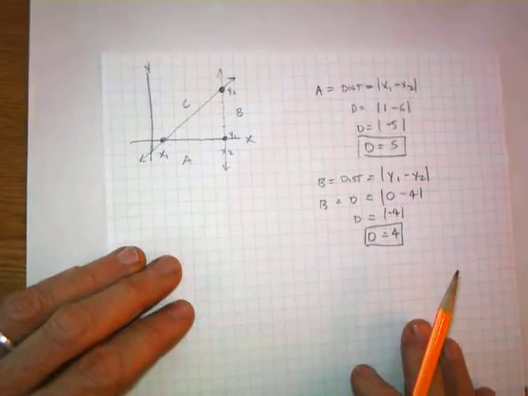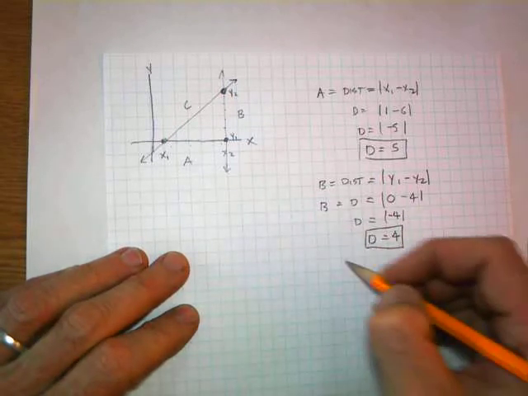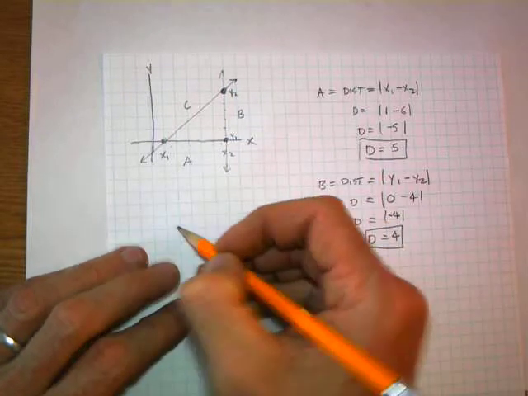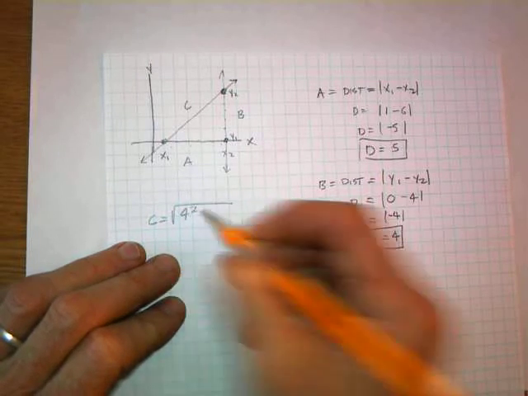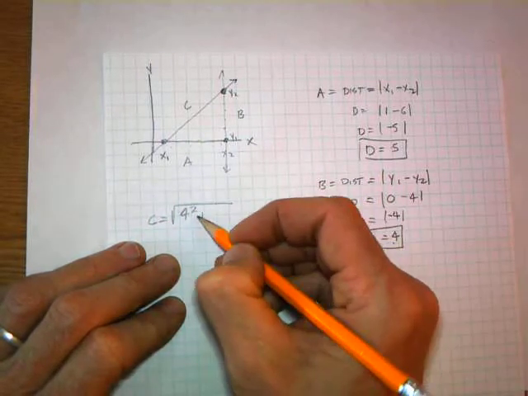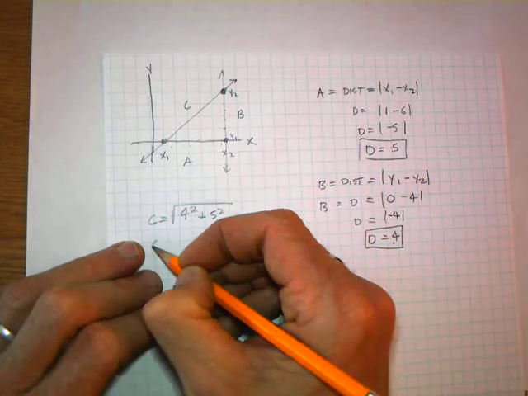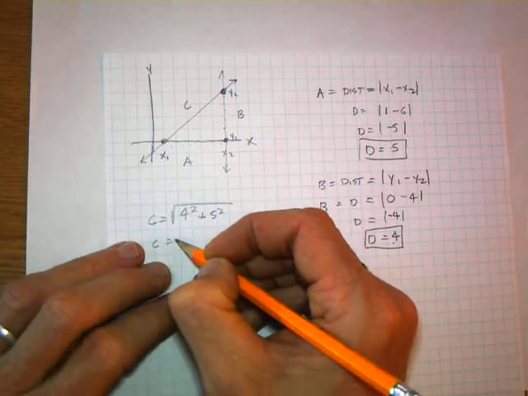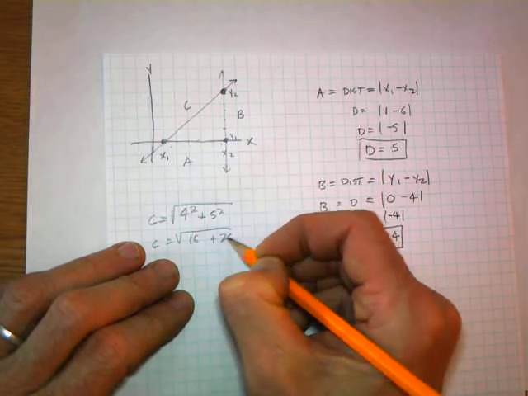So how do we do this? Well, we could simply put this in here. And so we can say C equals the square root of 4 squared plus 5 squared. C equals the square root of 16 plus 25.